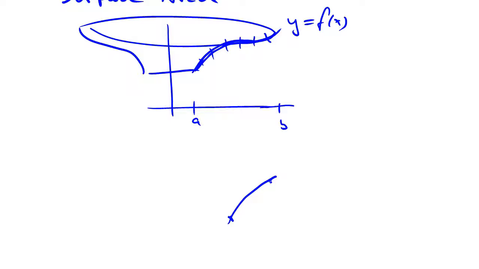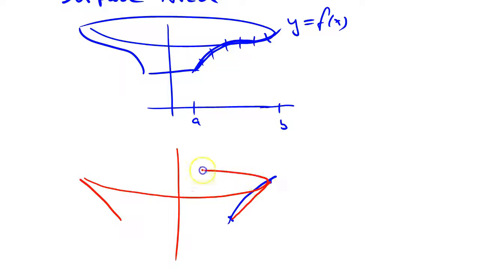I'm going to approximate each little piece of curve by a little line segment, just as we did when we were doing arc length calculations. Right? So that little line segment right there is being rotated around some axis to generate a little strip of surface area.